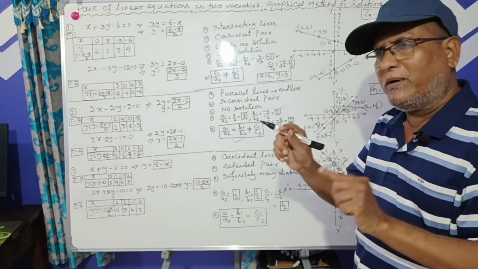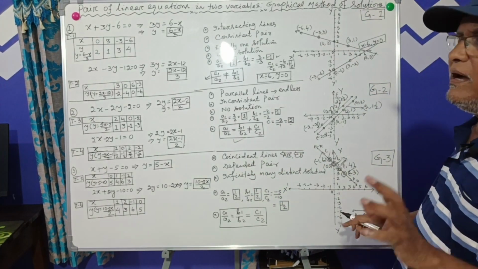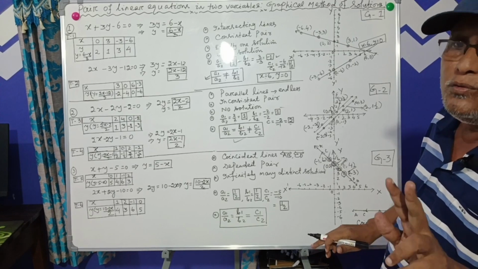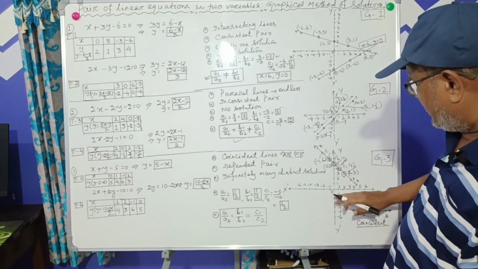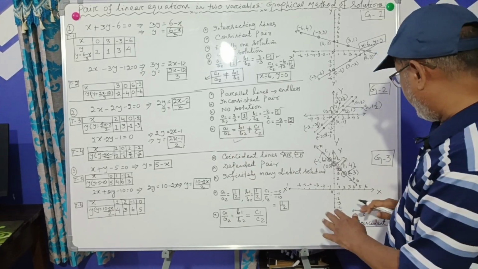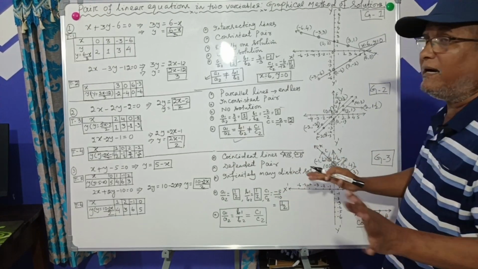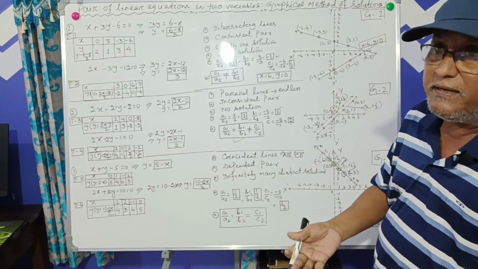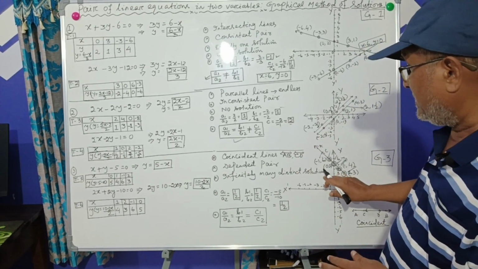Each and every point on the line has two coordinates, two values x and y. Up to infinity, the two ends of the lines are endless. So we can get infinitely many distinct solutions.